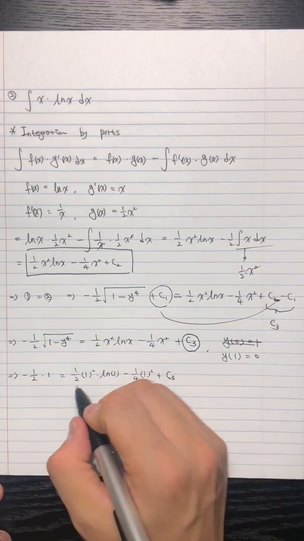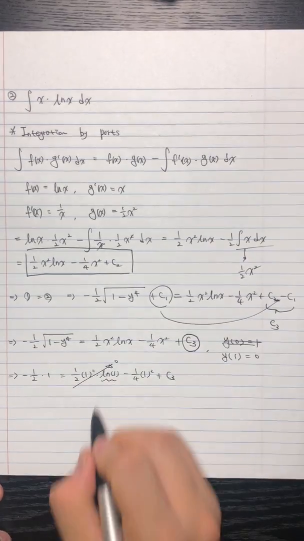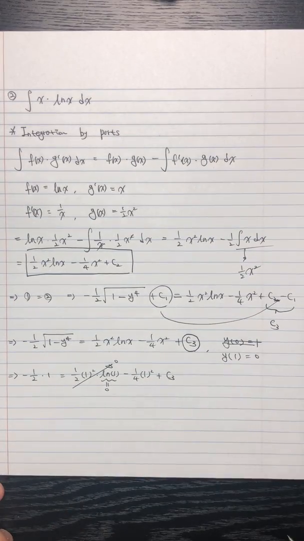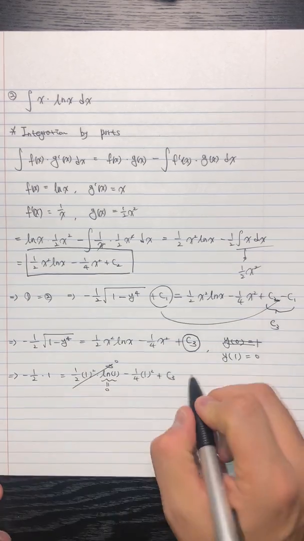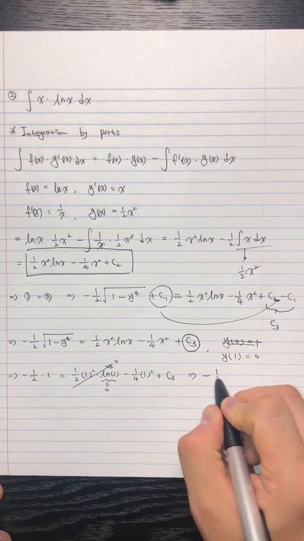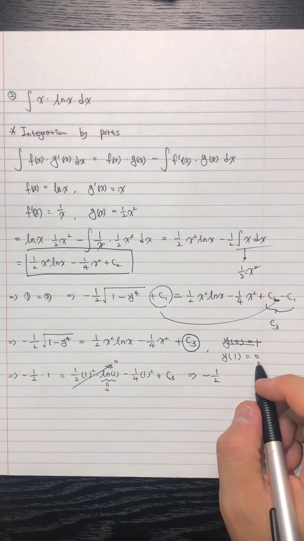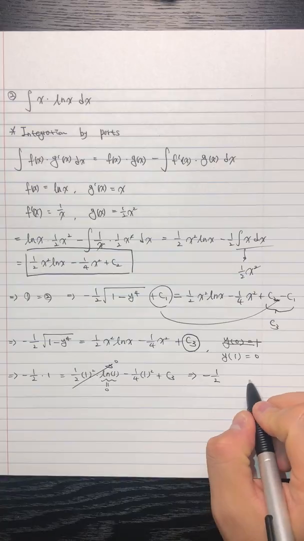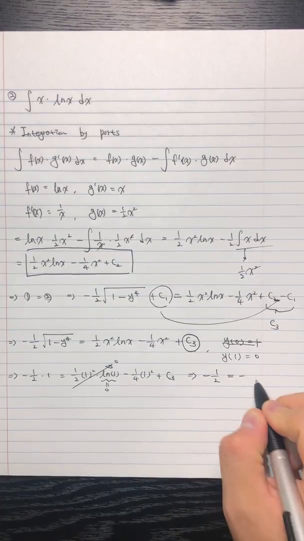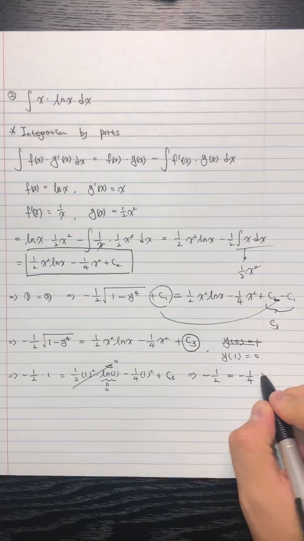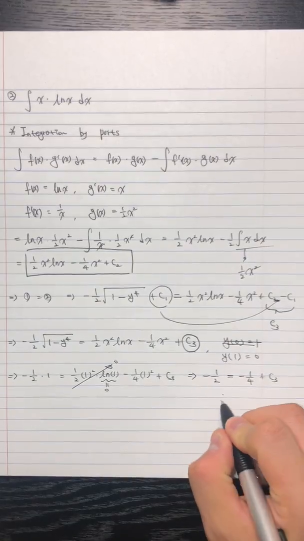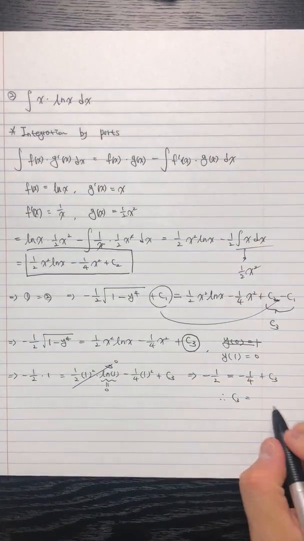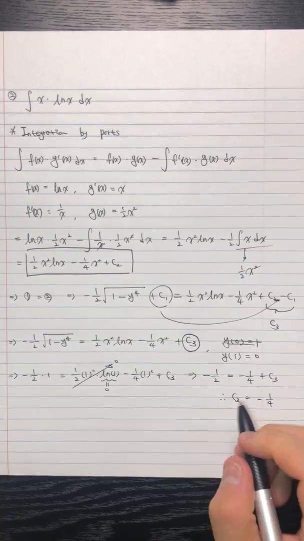This guy is 0 because ln 1 is 0. So what is c3? Minus 1/2 equals 1/4 plus c3. So from here, c3 equals minus 1/4.